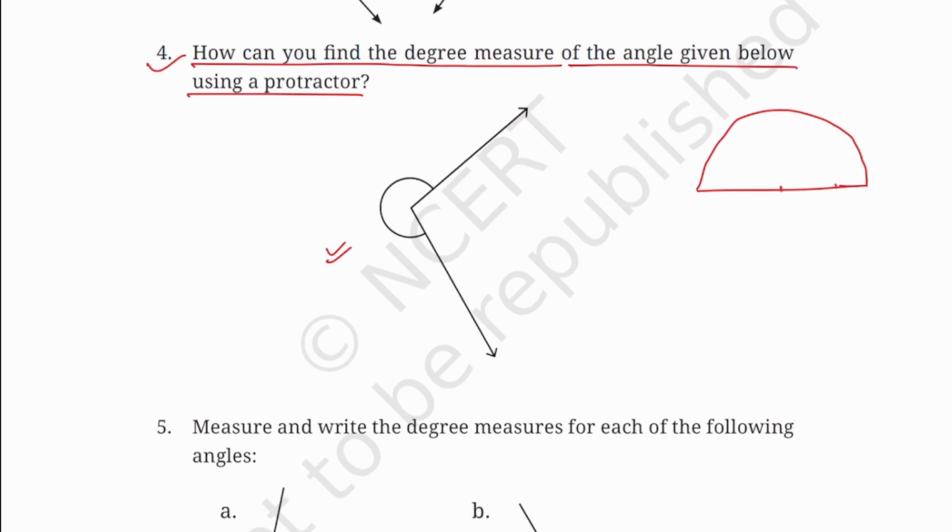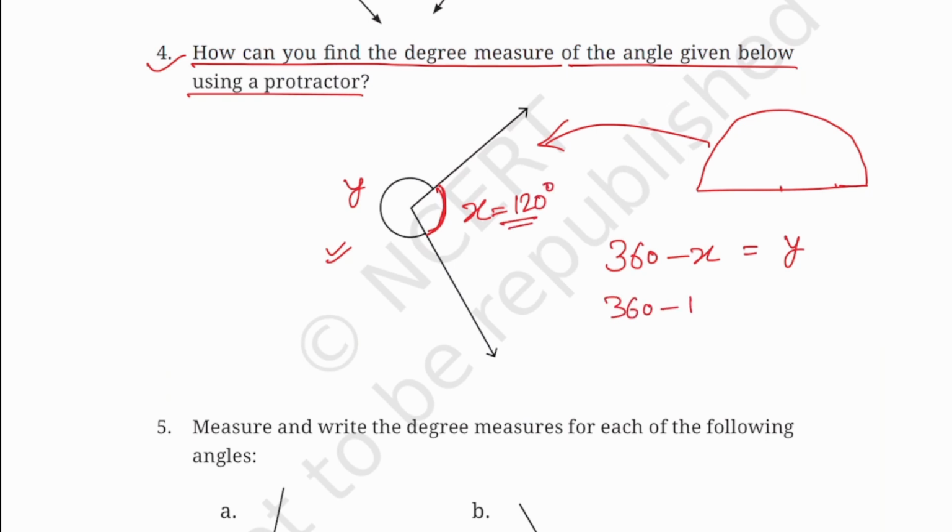So what you can do is, you could first measure this angle. Suppose this angle is x. Then you have to subtract this value so that you will get this value, that is y. You have to find y, but using a protractor you can find x. For example, if this angle is 120 degree, then 360 minus 120 will give you y, that is this angle y.